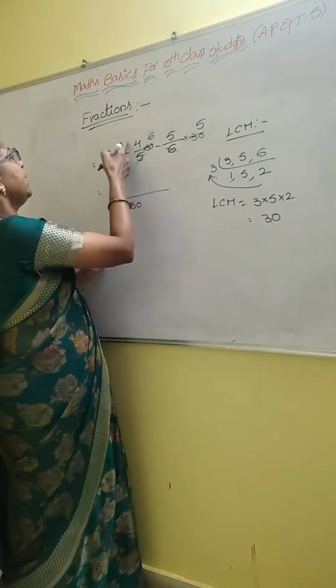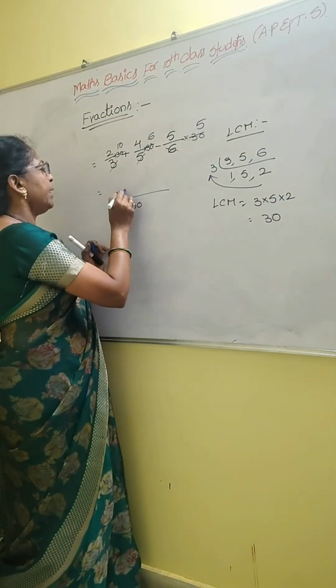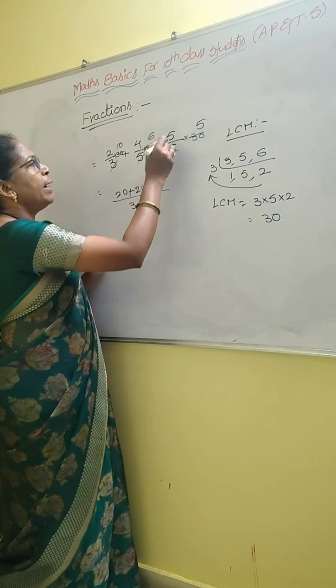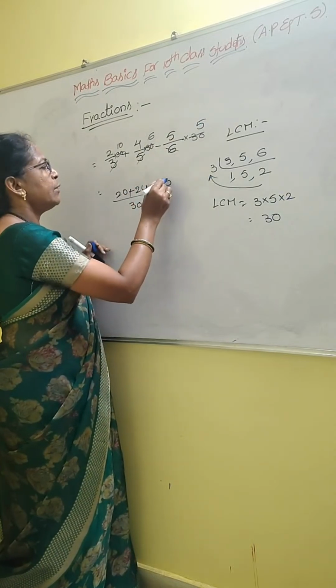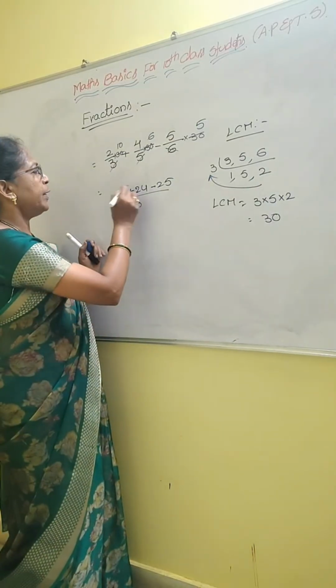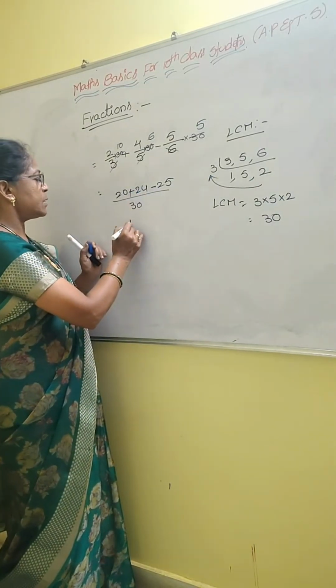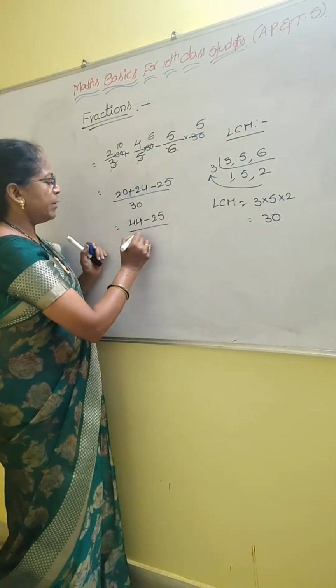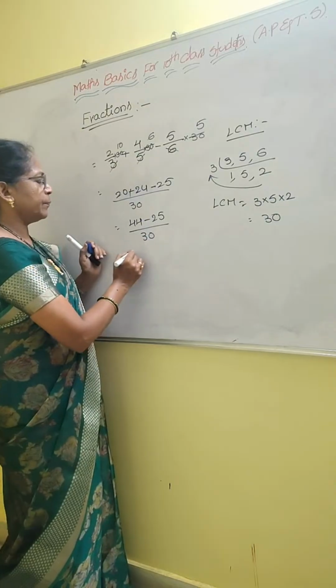Now here 2 into 10, 20, plus 4 sixes are 24, minus 5 fives are 25. Now 20 plus 24 equal how much? 44 minus 25 divided by 30.